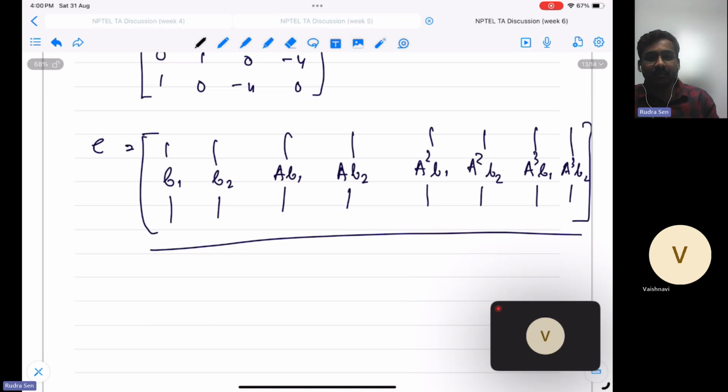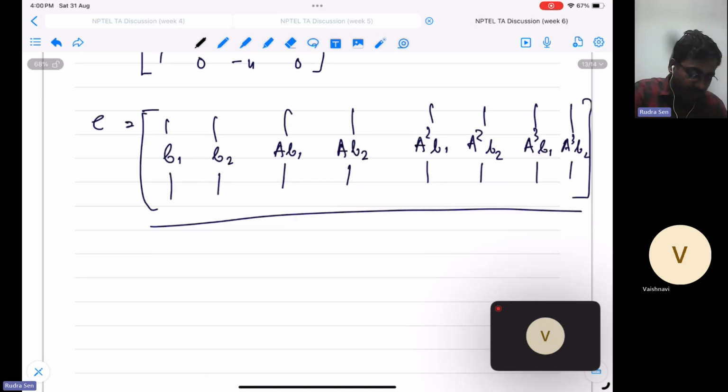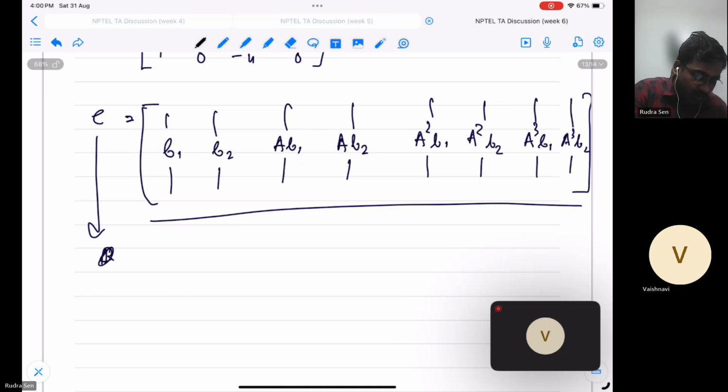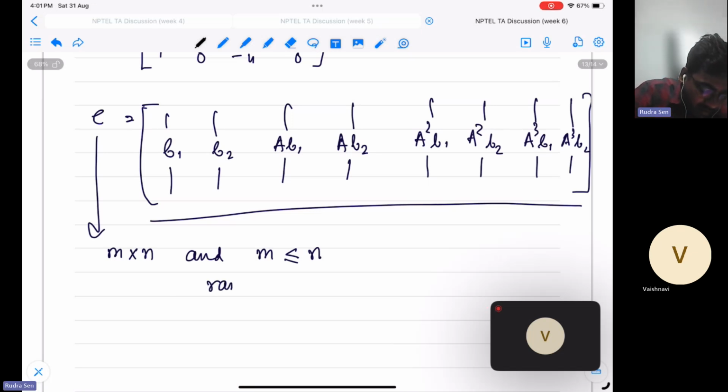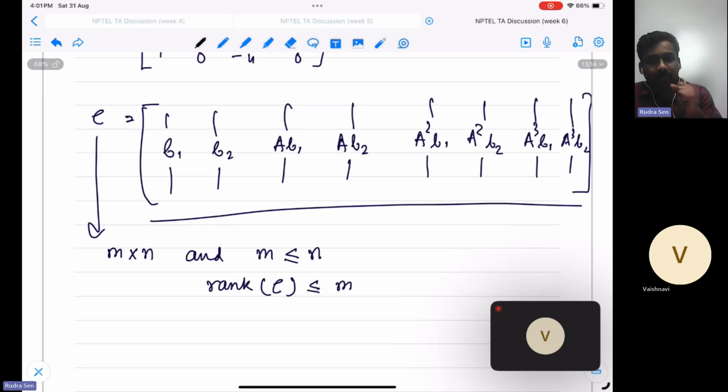For a rectangular matrix you cannot find the determinant, right? So in that case, let's say this is an M cross N matrix, and M is less than or equal to N. Then the rank of C is always less than or equal to M, because the maximum rank of C is always M. It cannot be greater than that, because between M and N, M is the smallest number.